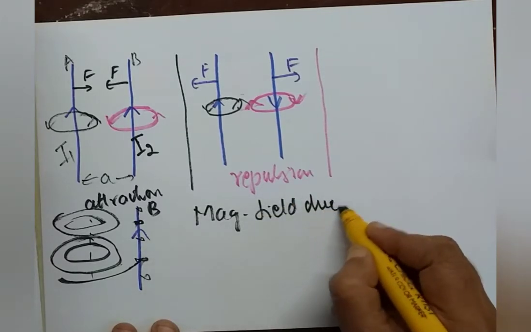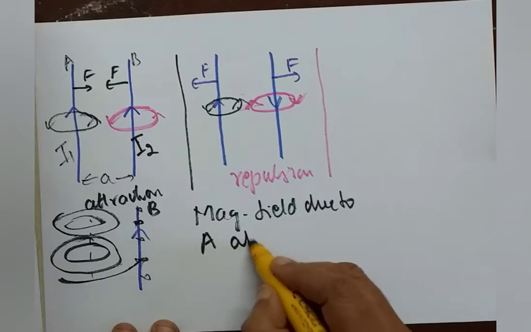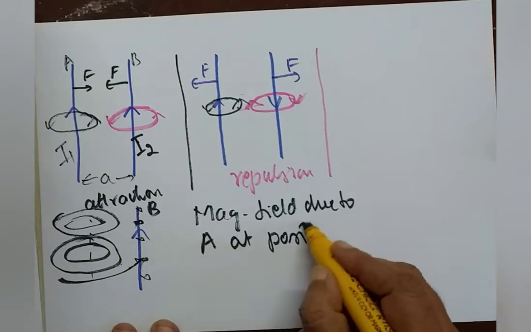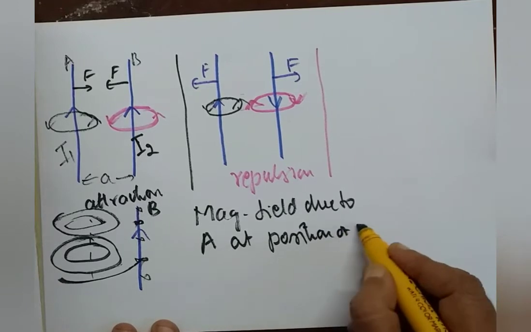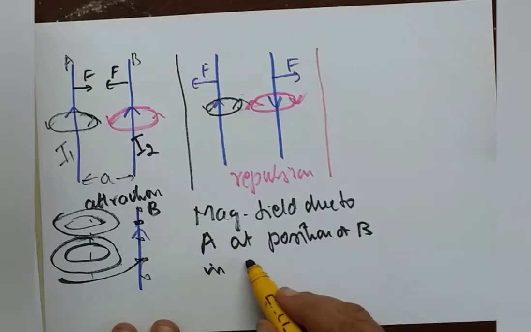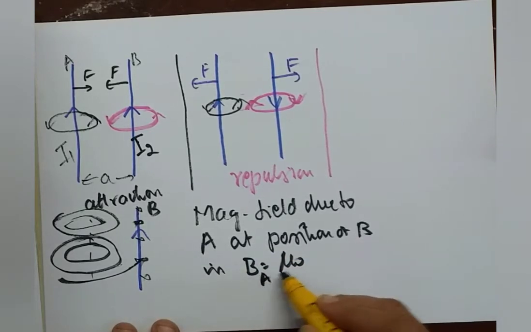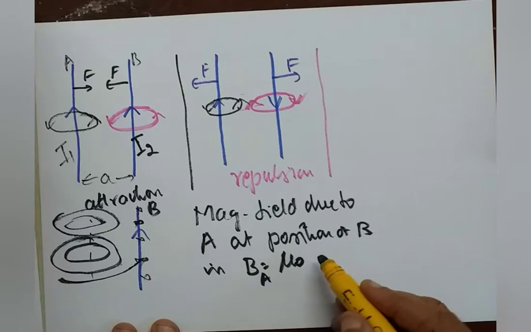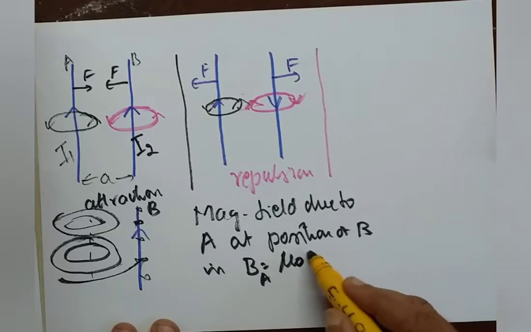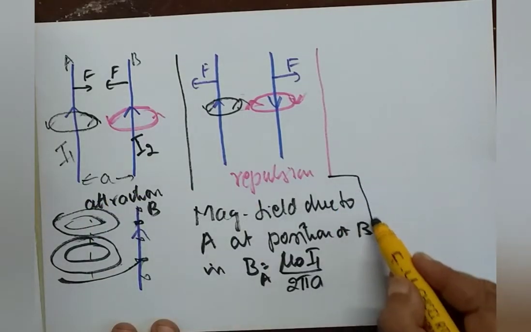So we now write the magnetic field due to A at the position of B. We call it BA, equals mu naught I1 over 2 pi a, because a is the separation between them.